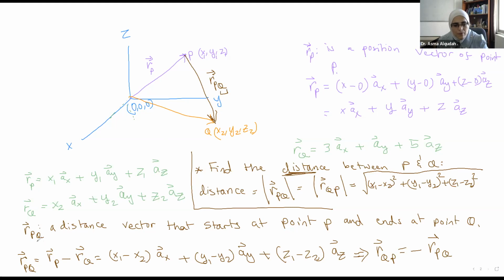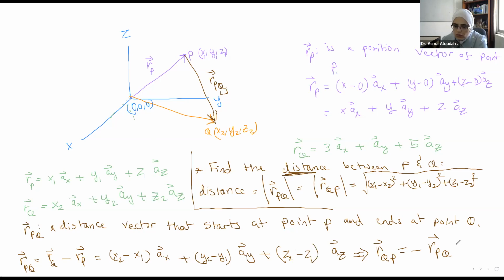So R sub PQ is equal to R sub Q minus R sub P, which is equal to X2 minus X1 along the X direction, Y2 minus Y1 along the Y direction, and Z2 minus Z1 along the Z direction.